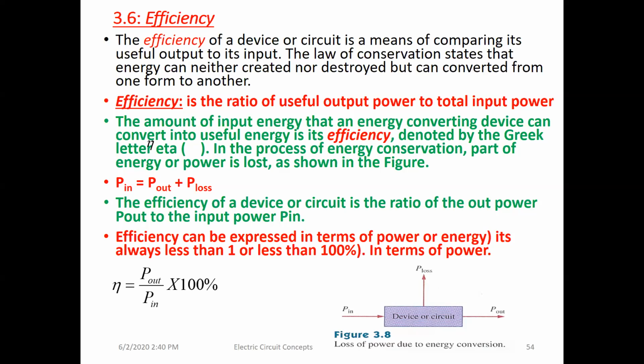So efficiency is the ratio of useful output power to total input power. The amount of input energy that an energy converting device can convert into useful energy is its efficiency.